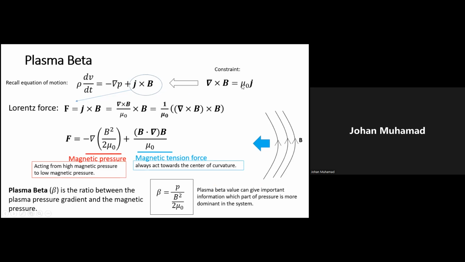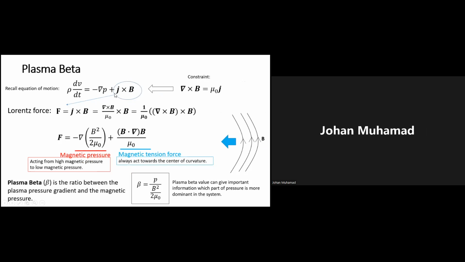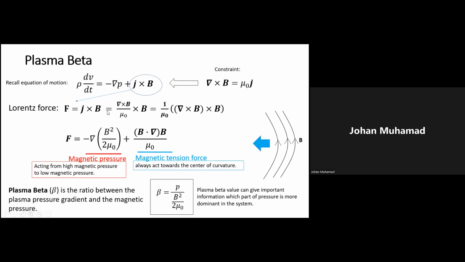If we substitute this J with this definition, then this Lorentz force will be like this, curl B cross B over mu. It equals something like this. Then by using some vector identity, you can get this result.